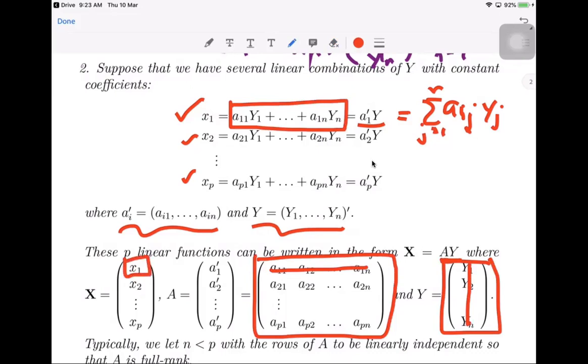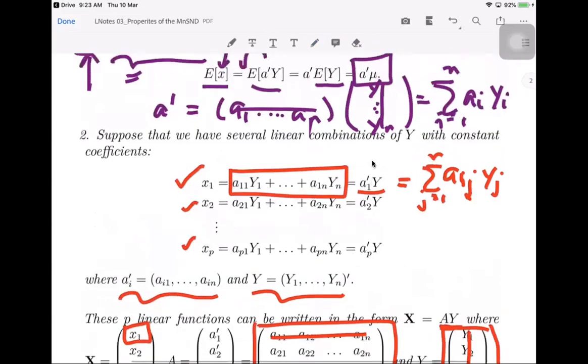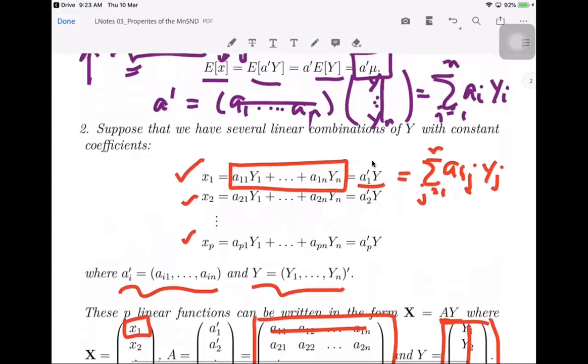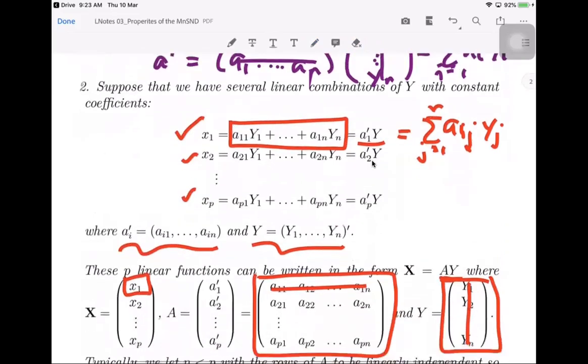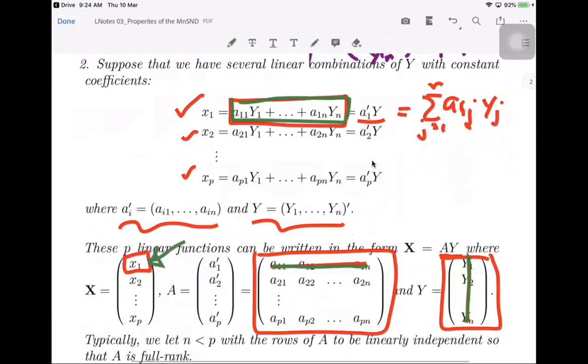Are you following? Yes, ma'am. So this times that is what comes out. Okay? Which is equal to this. So that is just transforming your linear combinations into matrix notation, no?